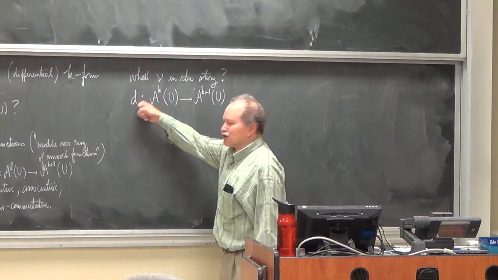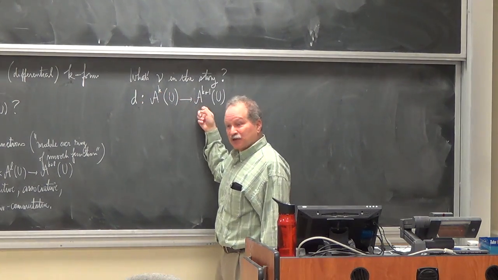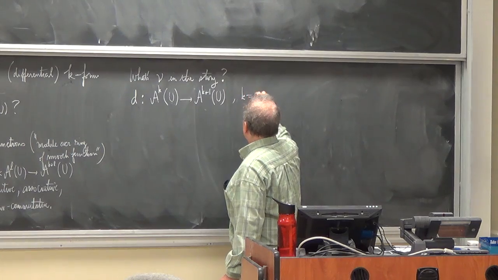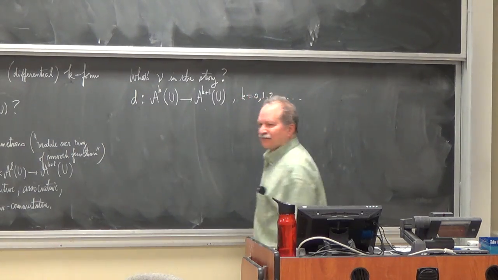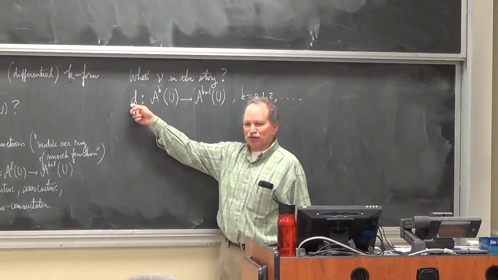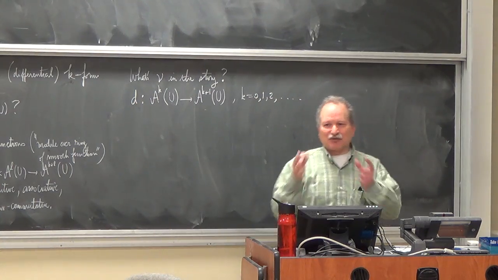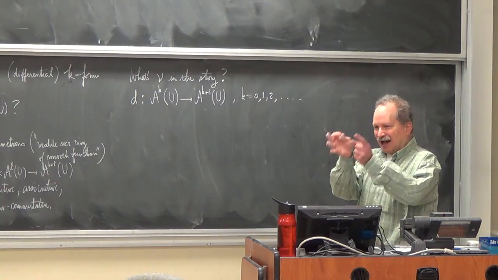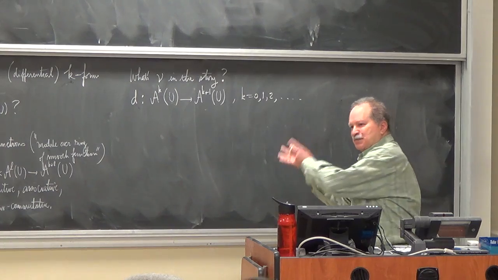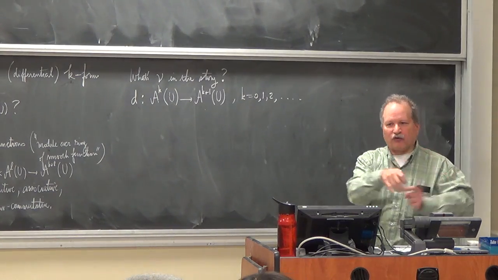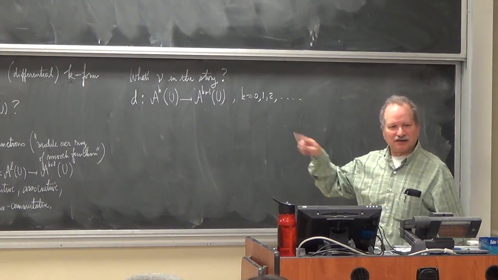For each k, there's going to be a way that sends k forms to k plus 1 forms. But I'm not going to write different symbols for the d. So you'll understand from context, this time it's eating a 1 form and spitting out a 2 form, or this one's eating a 4 form and spitting out a 5 form.